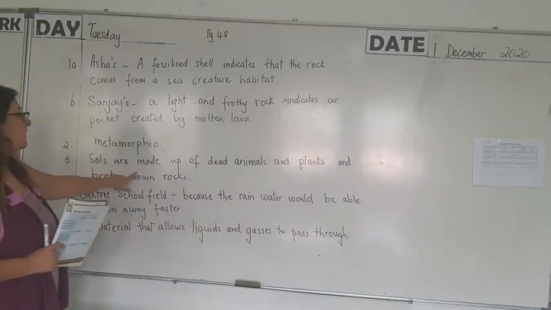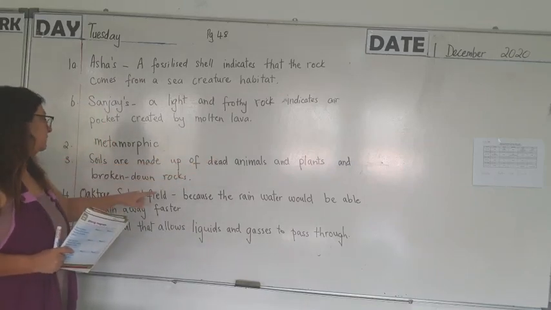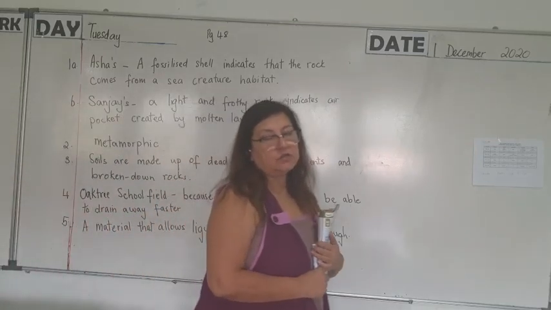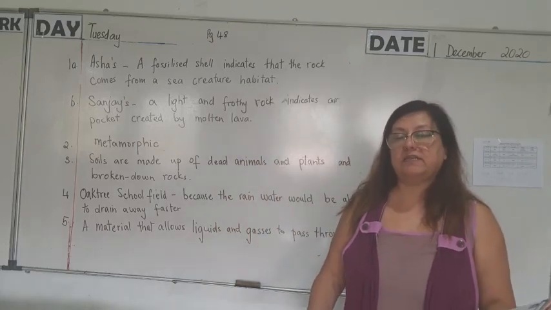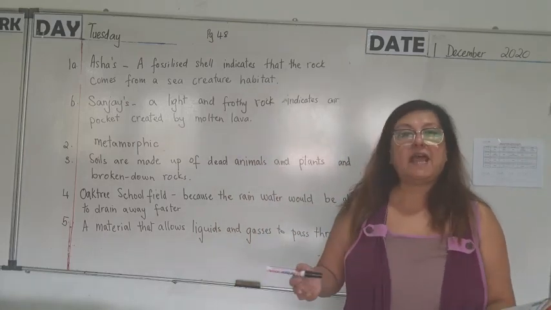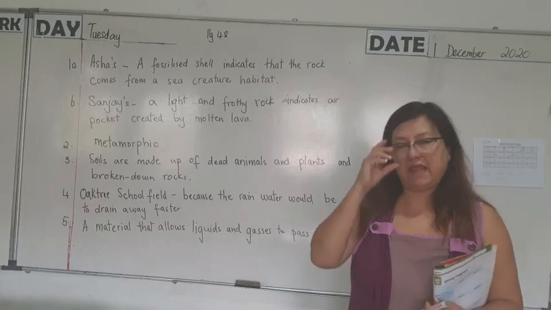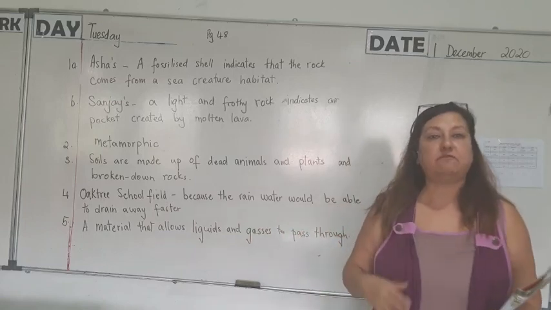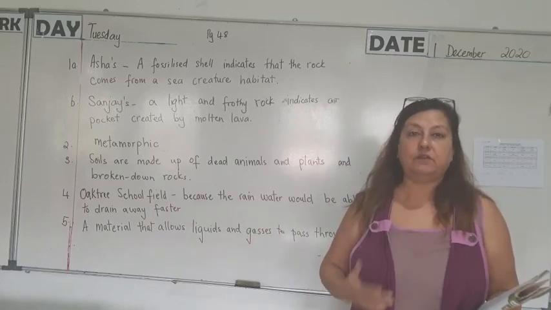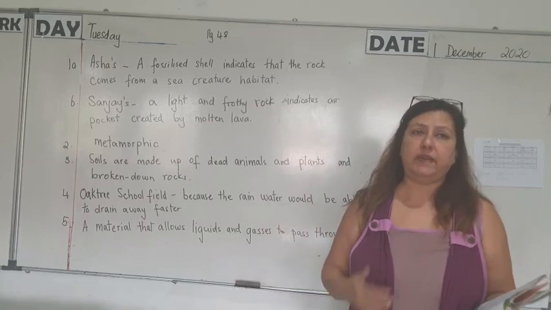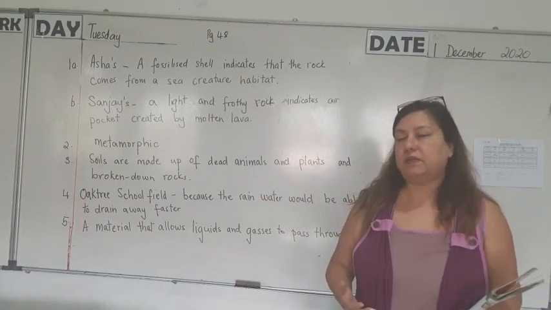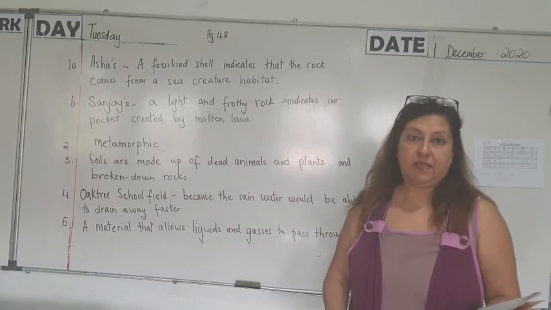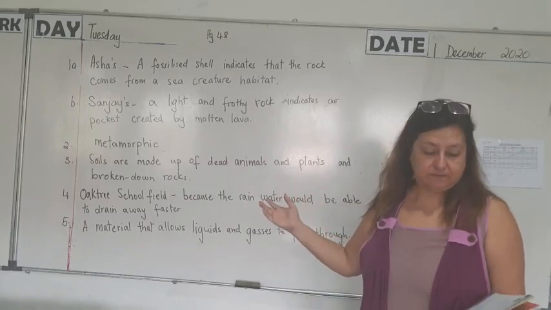So, soils are made up of dead animals and plants and broken down rocks. Now, soil in the ground, what you find or see in the ground, is made up of dead animals and plants, okay? Dead animals and plants, and also broken down rocks, or rocks which have been broken down over a period of time because of weather, wind, rain, because of all the weather conditions, the rocks have broken down and they form soil, okay? So soil is basically that, okay?